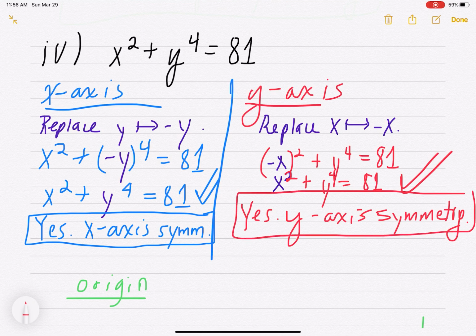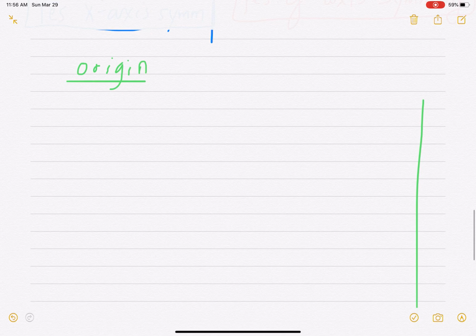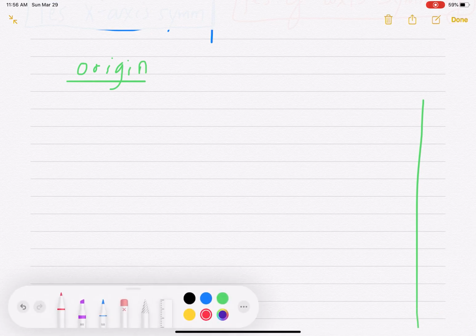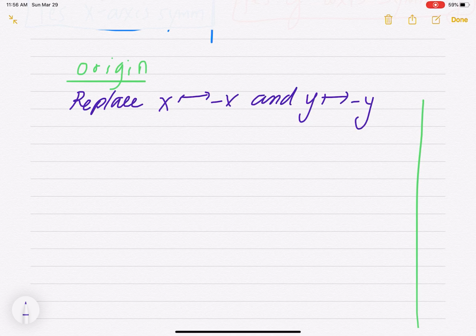And for the final test, we're going to do a double replacement for origin. For origin, we're going to replace x with negative x, and y with negative y in the original equation.